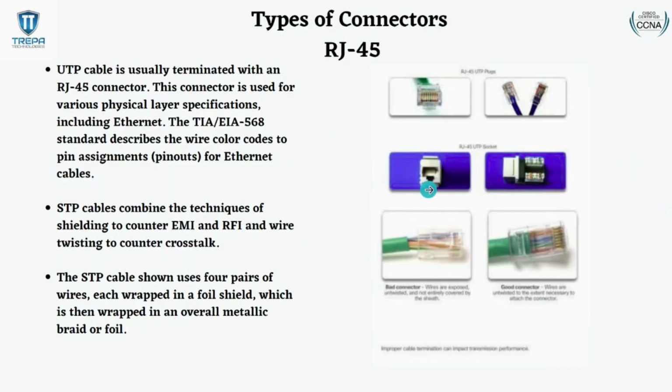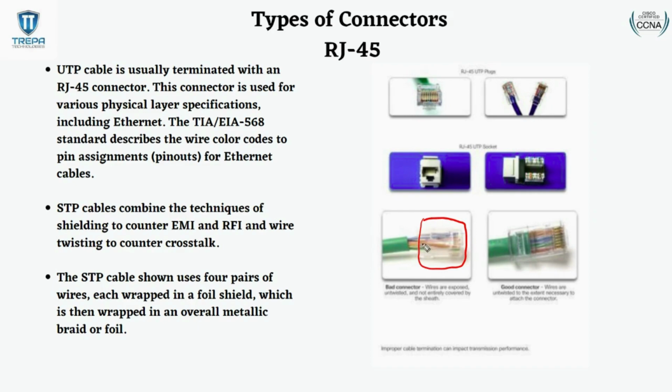So now let's go over the different type of connectors for our copper media. So STP, UTP, it doesn't really matter, right? If it's twisted pairs, you're going to use RJ45 connectors. Now I know it's a little blurry on the screen, but we can see our RJ45 connector here.